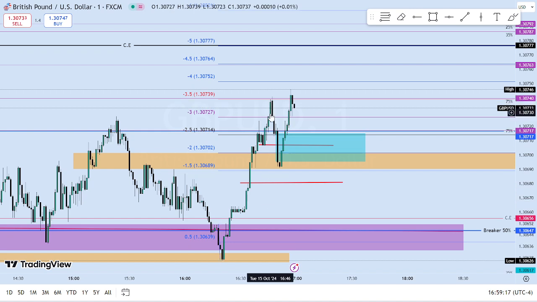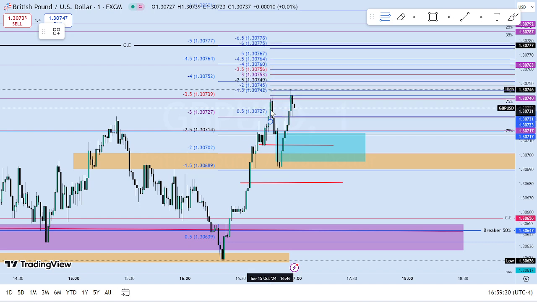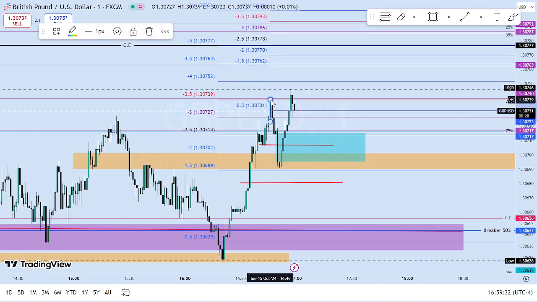Taking this high, this is a breaker, a low, a high, then lower low, standing as a breaker. Measure the half of it. To get the half of it, 50% anchor. That's the half of it.